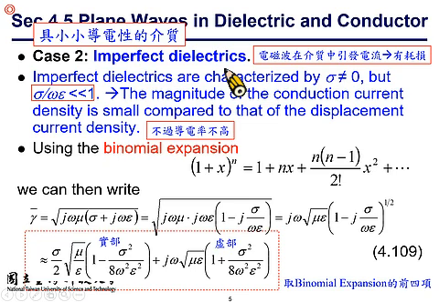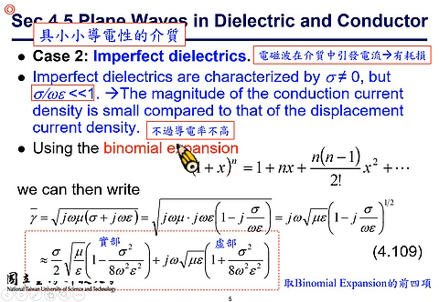Nevertheless, as long as the assumption of small conductivity is valid, then this expression can be much simplified, right? Because the loss tangent is small, that is sigma over omega epsilon is much smaller than 1, the expression, for example, the propagation constant, can be simplified.